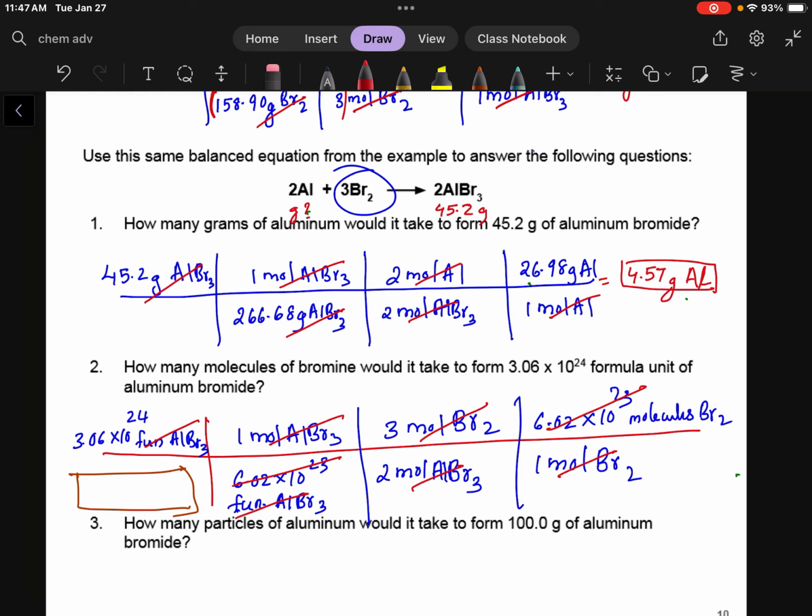And the final answer is 4.59 times 10 to the power of 24 molecules of what? Bromine.